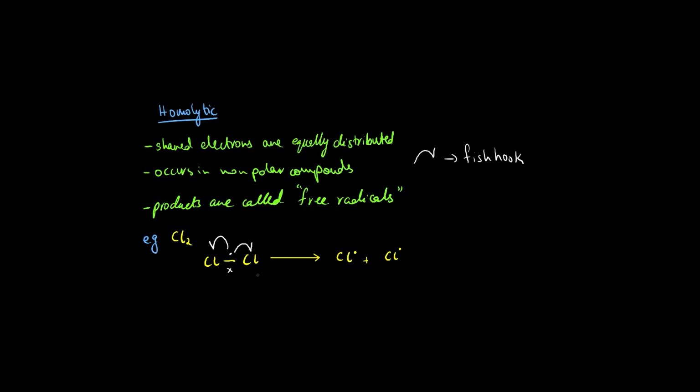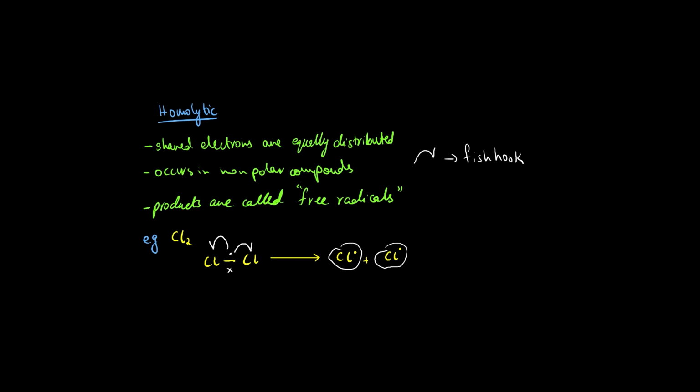When each of them gets one electron, they form these radicals. Free radicals are species with an unpaired electron. Keep that in mind. They are unstable because they have an unpaired electron.